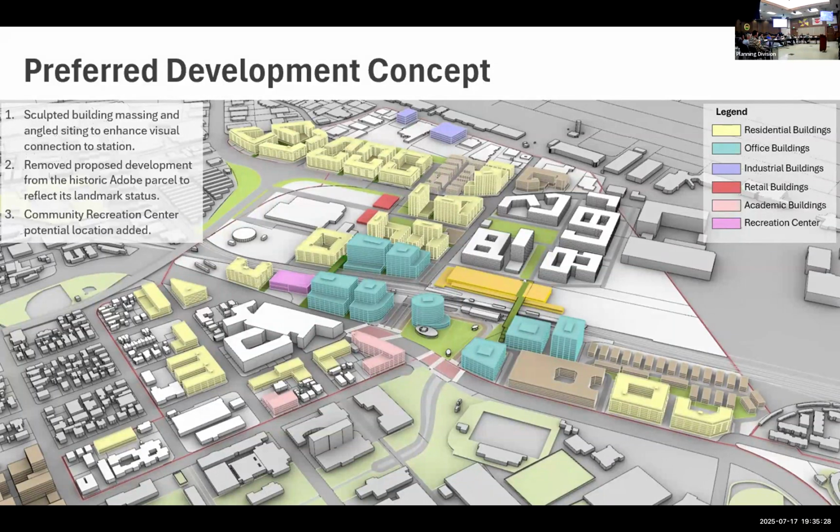That's trying to step the building back and provide some additional activation. That could be a great place to have a rooftop cafe or dining, looking down over the plaza and at the depot. So that was another thing.